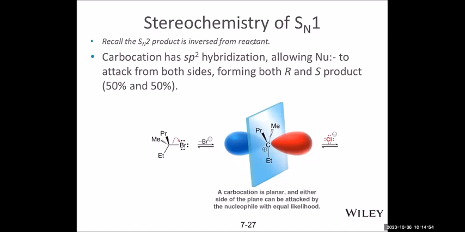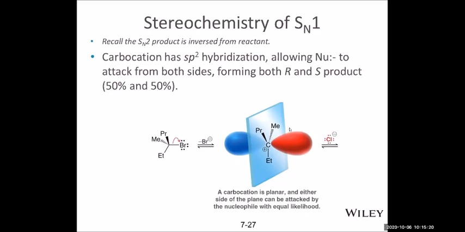In the SN1 reaction, since it goes through the carbocation intermediate, which is high energy but can exist for a brief moment, it gives the nucleophile time to attack from both ends, either from the red end or the blue end.